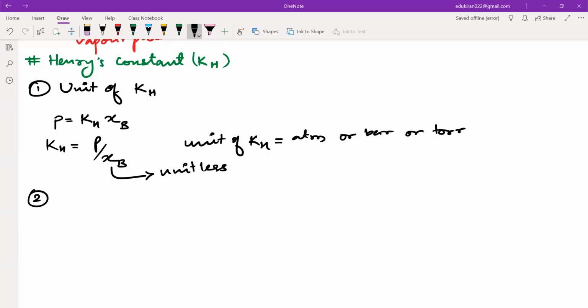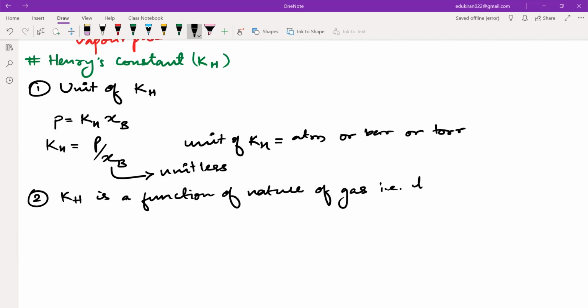Second thing is, will KH be the same for each and every gas or will it be different? KH is going to be different for each and every gas. That means it is a function of nature of gas. O2 will have a different value for KH, H2 will have a different value for KH, N2 will have a different value for KH. So the next point that you will write is: KH is a function of nature of gas.